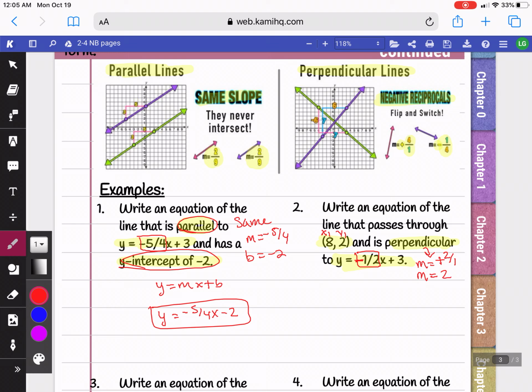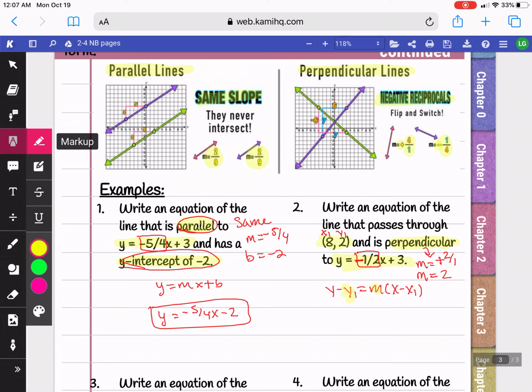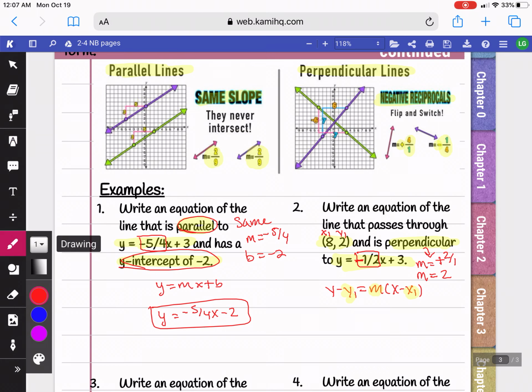So I know my perpendicular slope is 2, and I know a point. Since I know a slope and a point, I will use point-slope form. And I'm going to plug in for my y1, my m, and my x1. So I have y minus 2 equals, our slope was also 2, times x minus x1, which is 8.